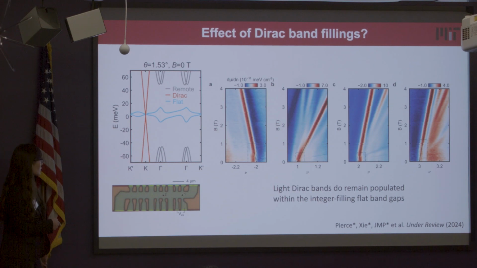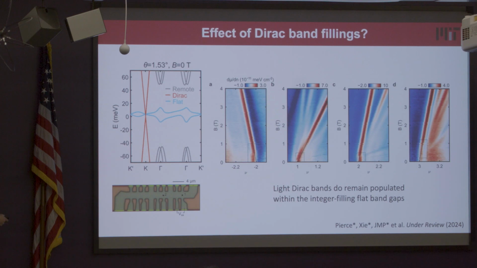But we can actually see some evidence that the Dirac band is quite occupied the whole time at the integer filling factors. So that might also be playing some sort of physics. We don't know what, but we saw evidence that they're always occupied as well, in addition to the flat bands. So we can't really just ignore that completely.